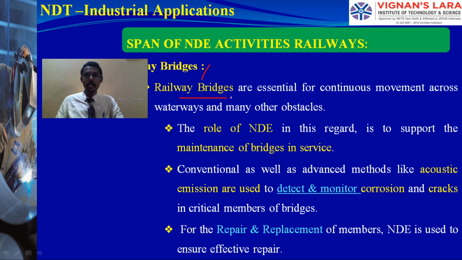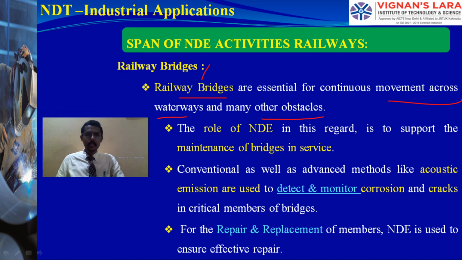So railway bridges are essential for continuous movement across waterways and many other obstacles. The role of NDT in this regard is to support the maintenance of the bridge in service. Fabrication and assembly is not a big deal, but in service it is subjected to loads, and a lot of discontinuities may form.